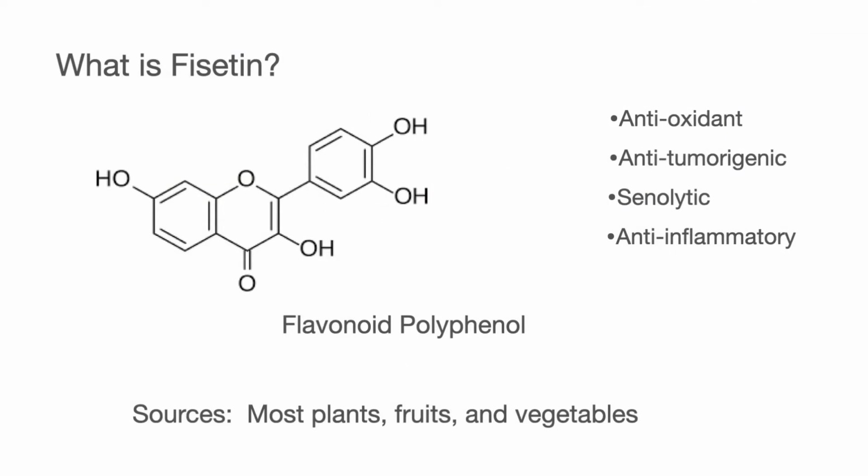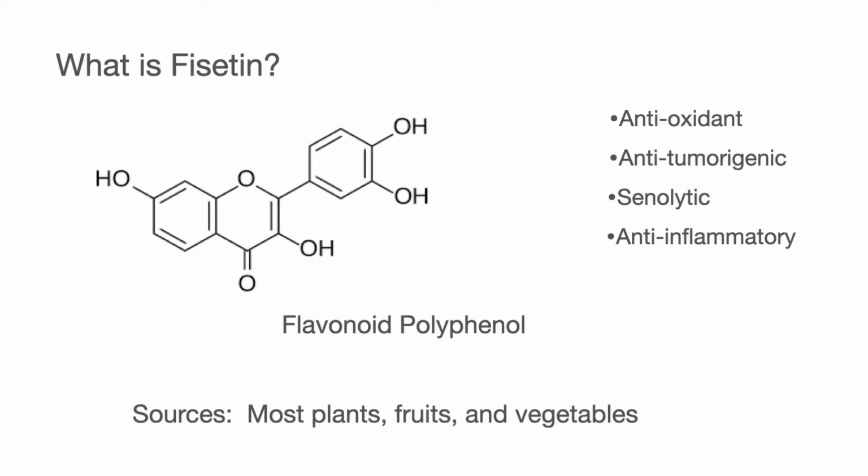Yeah, so I want to start this slide run with just reviewing what Fisetin is and show you the chemical structure. Again, it's a flavonoid polyphenol, and there are many types of flavonoids out there, and they all do some similar things, and then there are some unique qualities to each of them. You know, Fisetin has antioxidant properties.